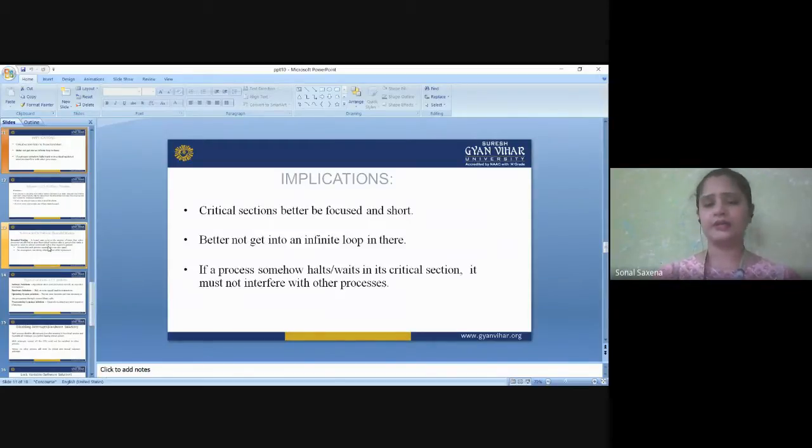Then if a process somehow halts or waits in the critical section, it must not interfere with other processes, right? So somehow, due to the lack of some resources or due to some unavailability of the process, let us say in the critical section the process is waiting for some time, or it gets paused due to interrupts generated, then it must not interfere with other processes.